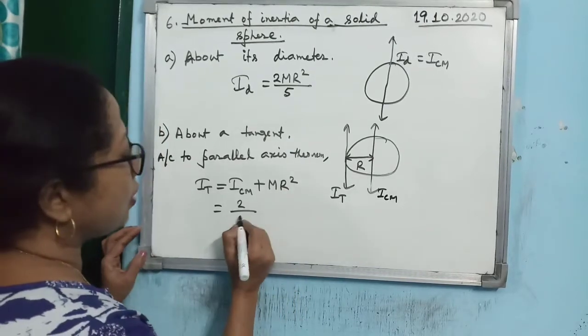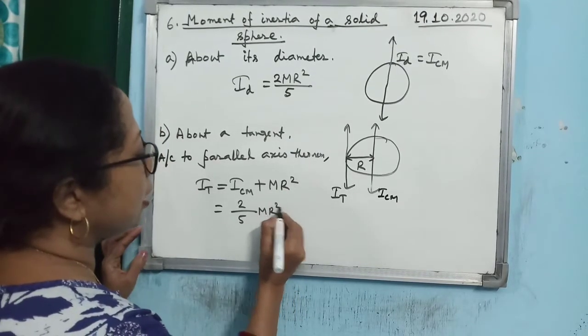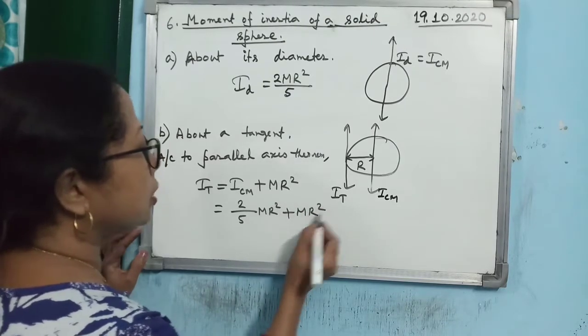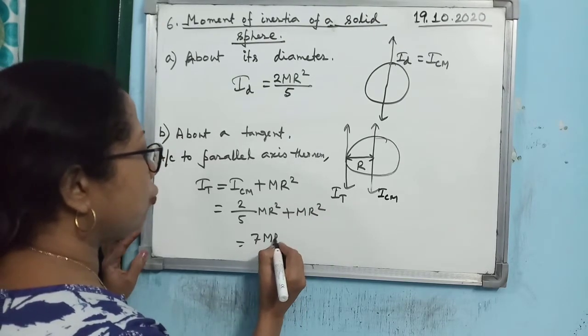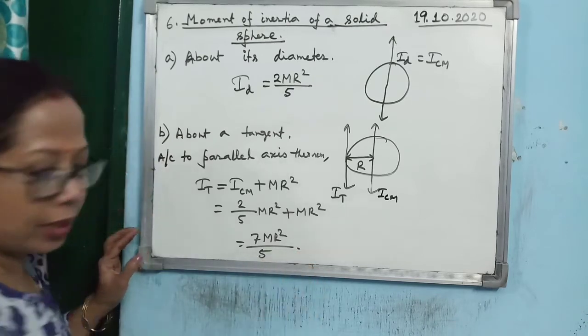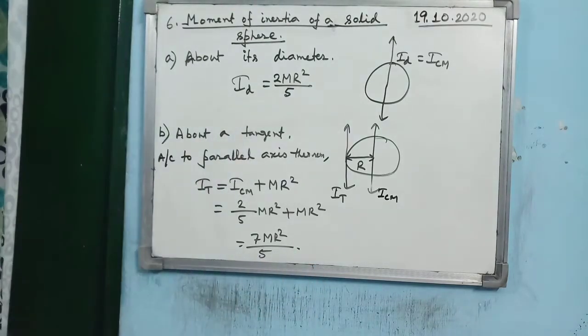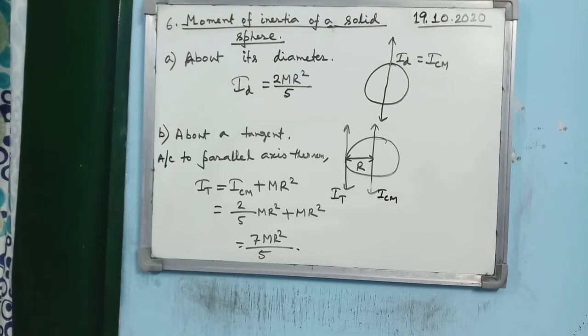Now ICM is 2 by 5 mr square, plus mr square. So it comes to 7 by 5 mr square. This is the moment of inertia of the sphere about the tangent. In this case you have applied the parallel axis theorem.